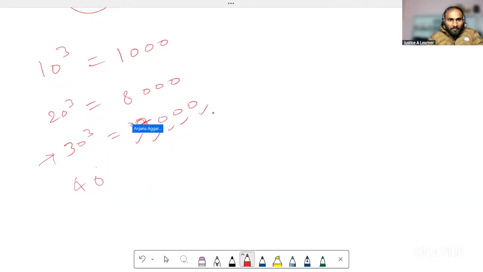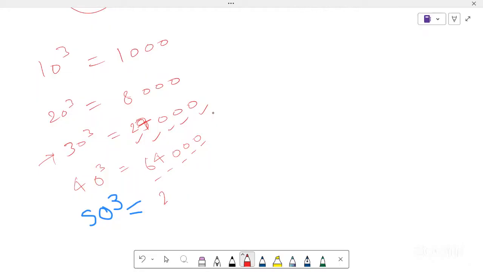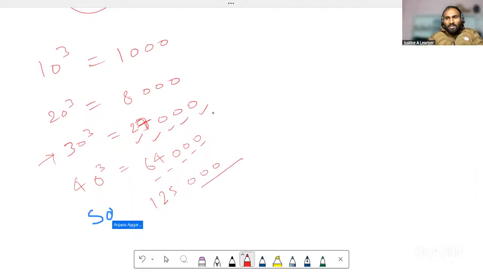Now what about 40? This would be 64, because I already know 4 cubed is 64. And again, 1, 2, 3, 4, 5; 5 digits are there. But in the case of this, this is 2, 125. I know the cube of 5, so this is what.